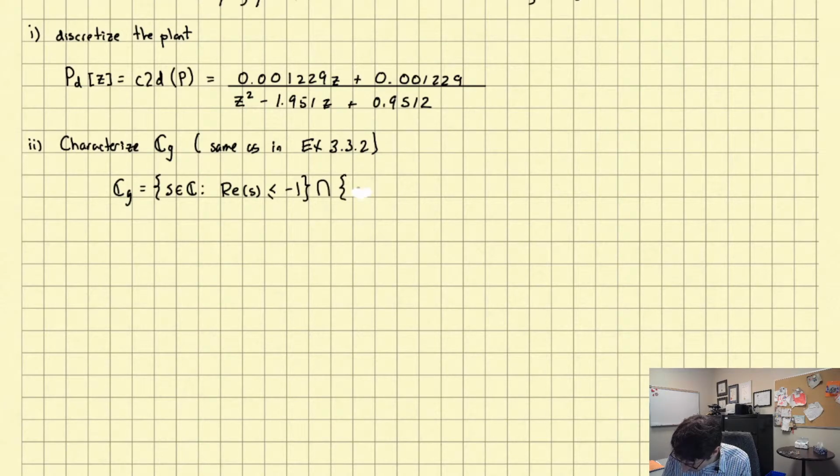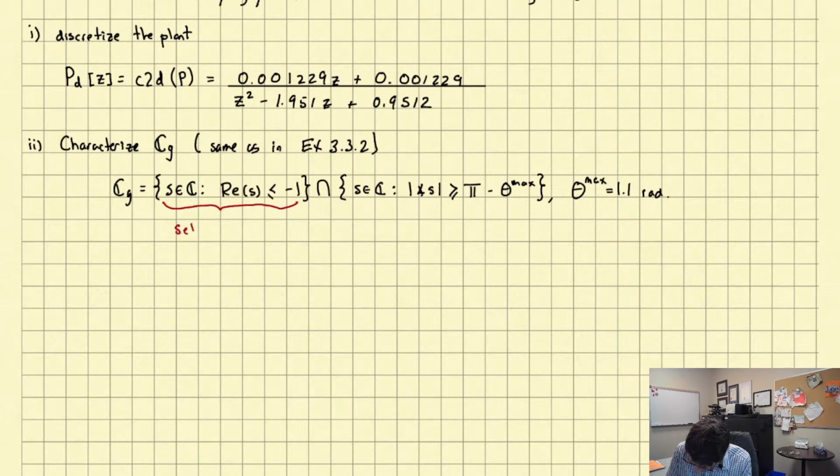And you want to restrict the argument of your pole locations to be sufficiently large. And in this case, theta max equals 1.1 rads. Okay, and as always, this comes from settling time. This comes from overshoot. Okay, so that part's the same, so nothing new there.